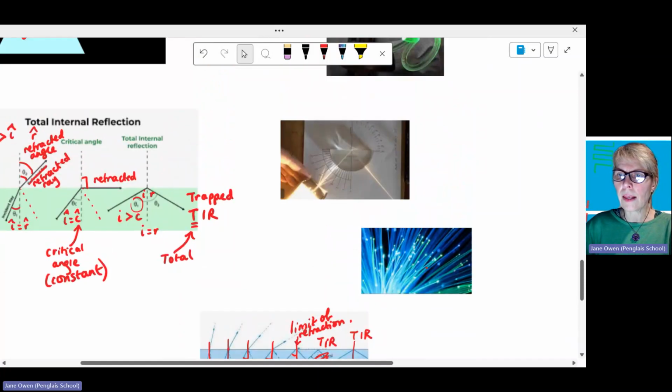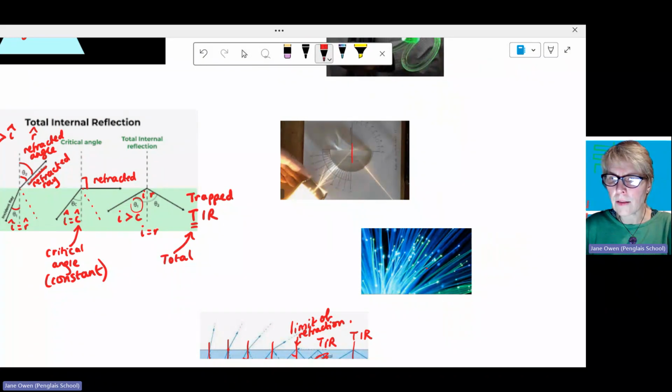And you can see here a setup, you might have done this in class, that this setup here is actually at the point of critical angle. So literally you can just about make some light coming out here, and at that point, this is the incident angle coming in, and this is the reflected angle coming out, and this is the refracted angle.